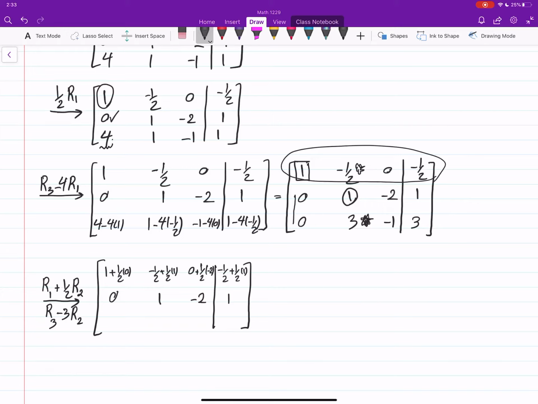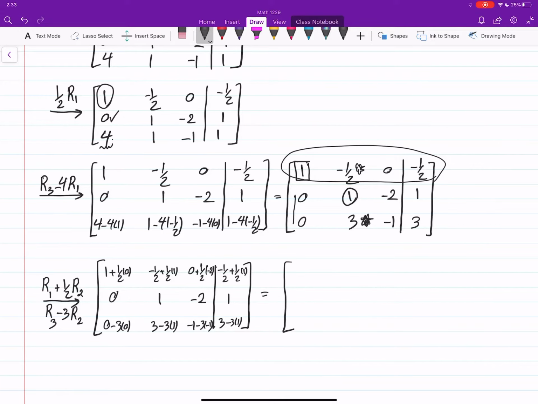And in row 3 we have 0 minus 3 times 0, 3 minus 3 times 1, and negative 1 minus 3 times negative 1. How about here? 3 minus 3 times 1.